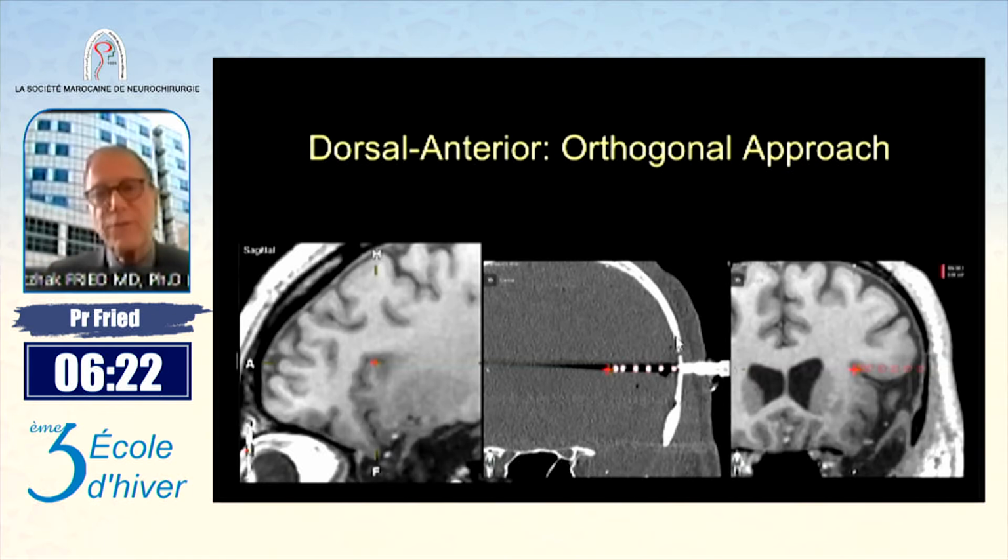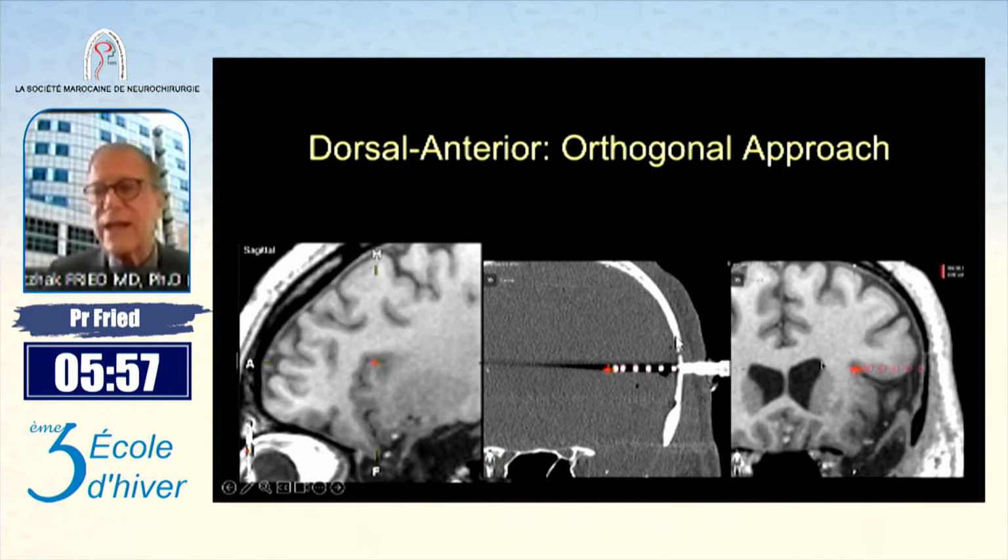So in terms of an orthogonal approach to the insula, in the dorsal anterior part, if you want to really be orthogonal, you're obviously limited, and dorsally you can approach it orthogonally. You can see here, this is the anterior insula, right? And you can see our distal end is there, so we can have some contact there.